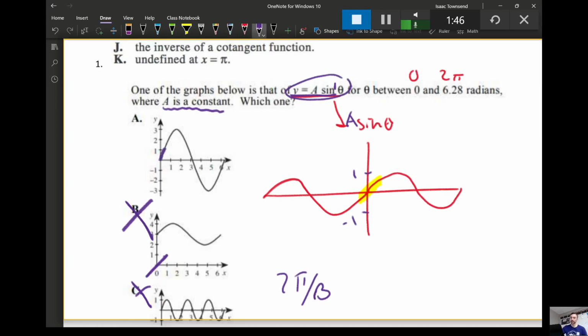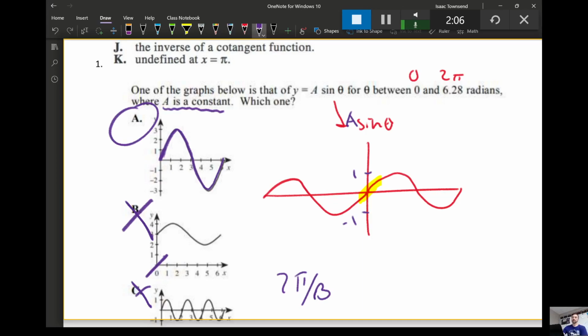So only choice A goes through the origin like this, and it looks like they made A be 3 for the amplitude, but we just needed to be able to narrow it down. There's a plain sine graph, but they may have changed the amplitude, so only choice A.